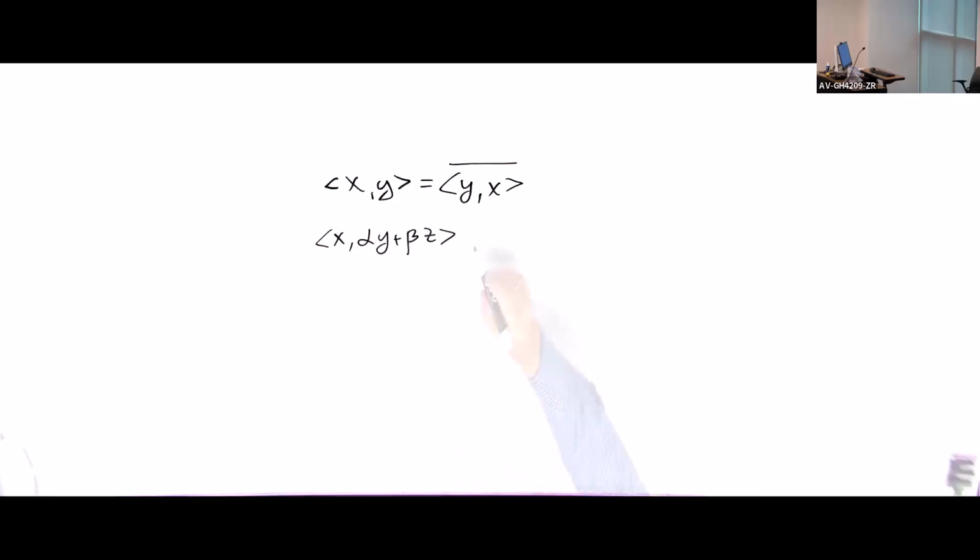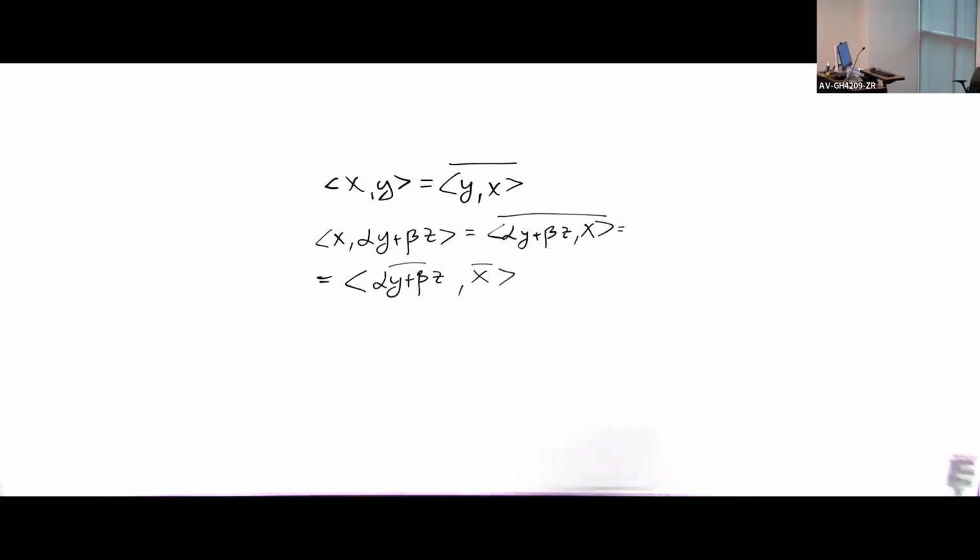This equals the conjugate of the inner product of alpha y plus beta z with x. Everything is conjugate, okay?